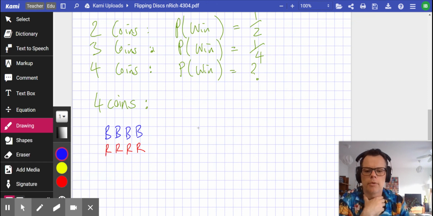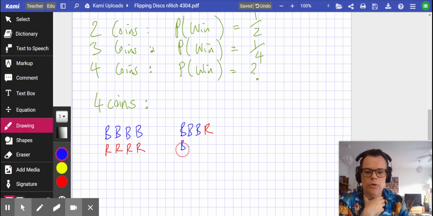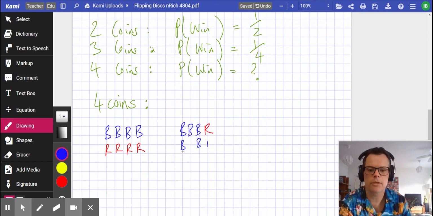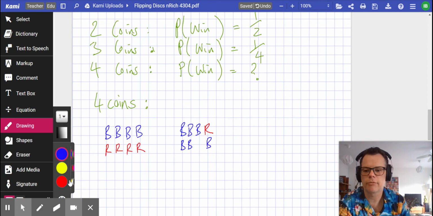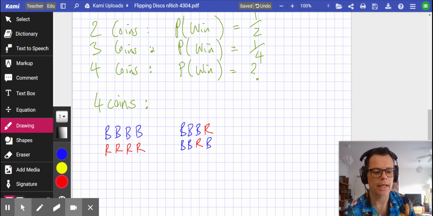So I could lose with 3 blues and 1 red. And I could use my systematic approach, couldn't I? There's 3 blues and a red that way. And 3 blues and a red that way. And I could just use capital letters like that and count up all my different outcomes.